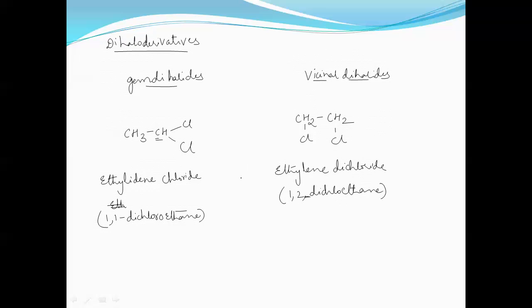So this is commonly alkylidene chloride, and this is alkylene dichloride. This is the classification of these dihalo derivatives. Gem dihalides have the same type of halogen atom on the same carbon atom, and if they are present on adjacent carbon atoms, they are called vicinal dihalides. So this is the classification of haloalkanes and haloarenes.